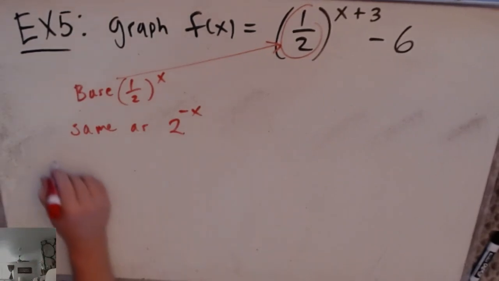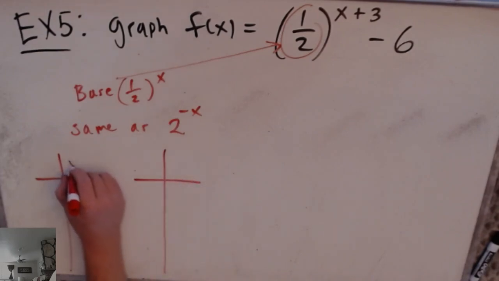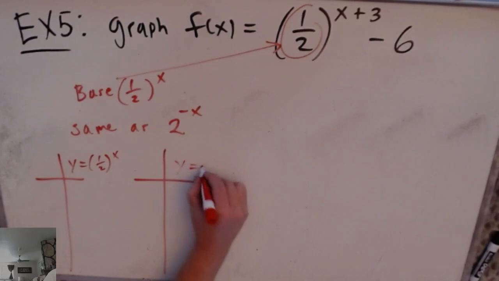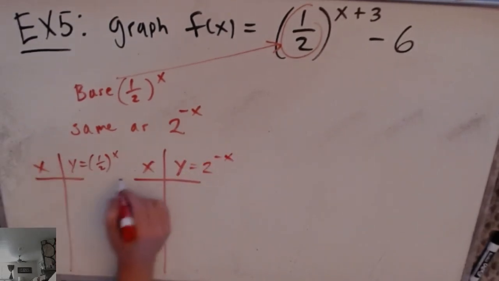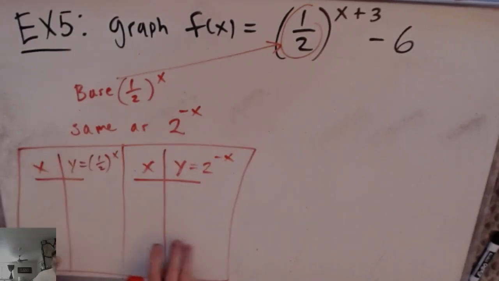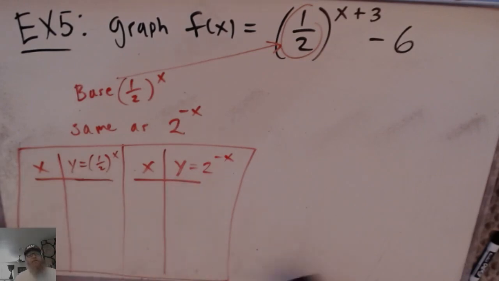So it's your choice. When you make your mother table, you can do y equals 1/2 to the x, or you could do y equals 2 to the negative x. Either way, both of these tables should give you the exact same values.